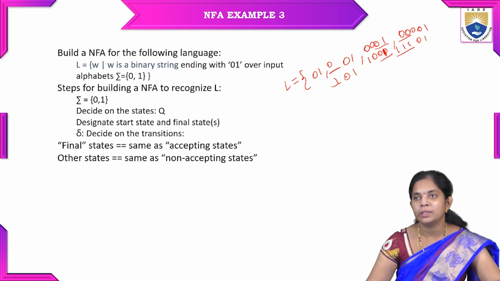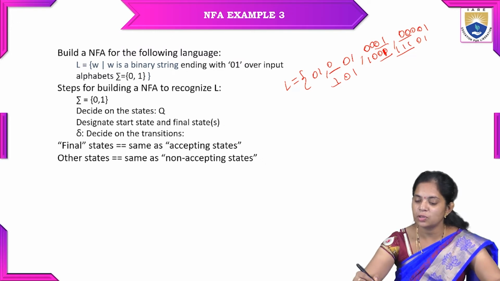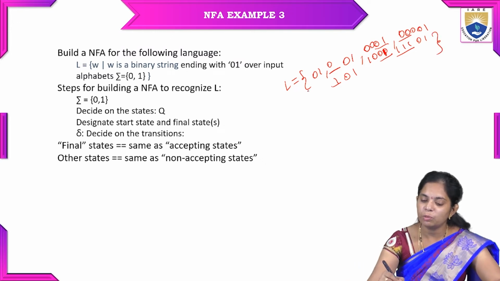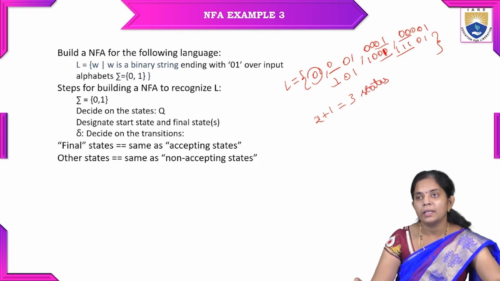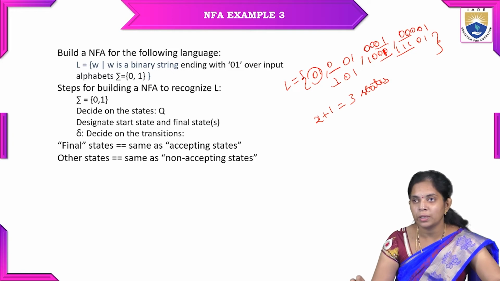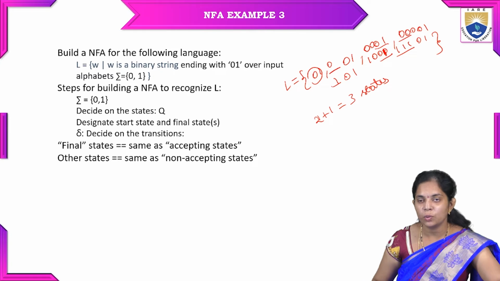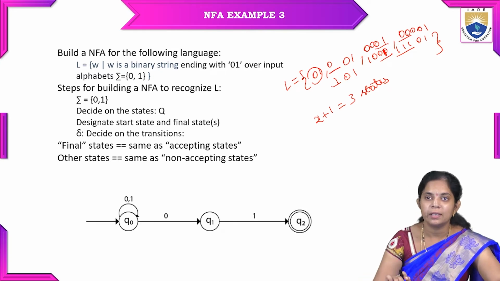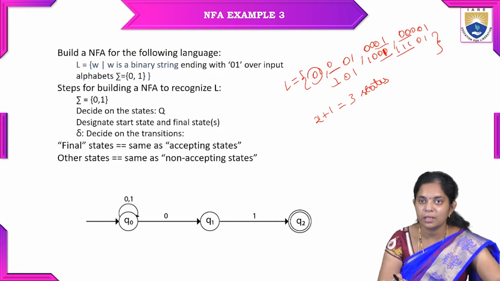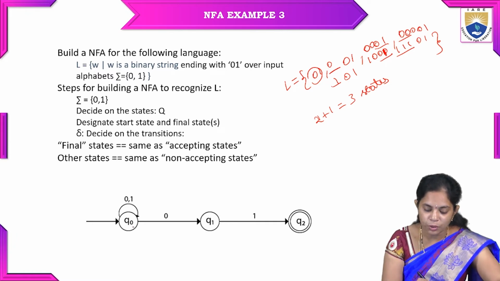Like that we can add multiple strings over the alphabet. Here is the elaboration of the construction of the NFA, and the minimum length is 2, so we require 3 states. The starting state is q0 and the ending state is q2.